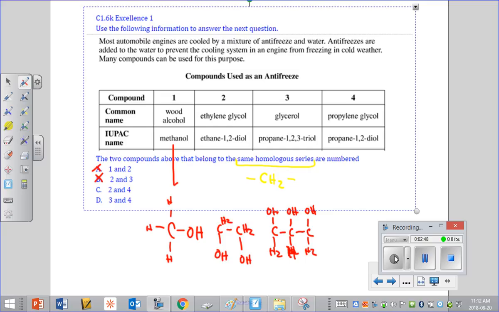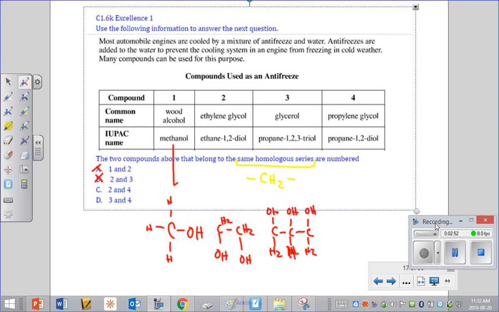So I'm going to take a look at the last one, compound number 4. Compound number 4 is propane 1,2-diol. So prop means 3, so I have 3 carbons in my parent chain. 1,2-diol means I have a hydroxyl group on the first and on the second carbon in my parent chain. And we could, of course, fill in the rest of the hydrogens here.